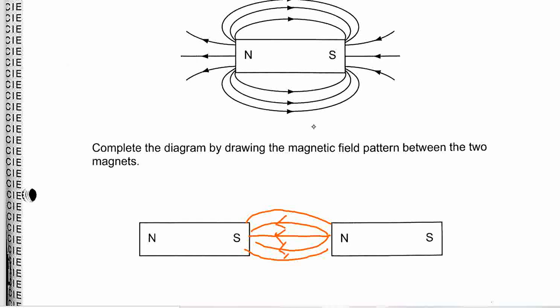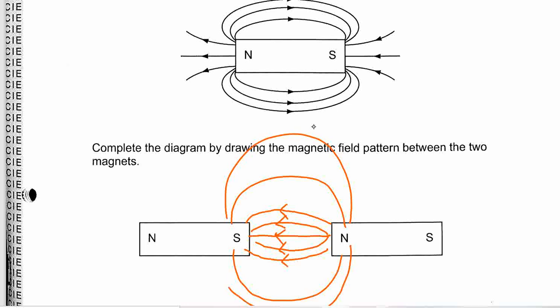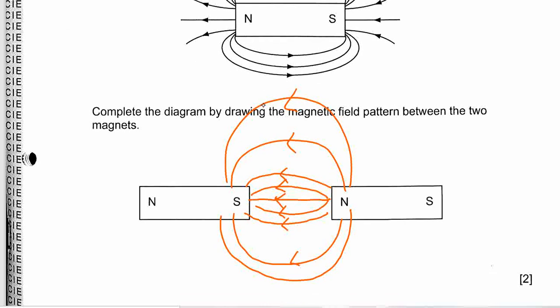So from north it goes to south, and from north it goes to south, and a bit more like this. From north it heads to south, coming out from the north, going like this, and coming into the south.